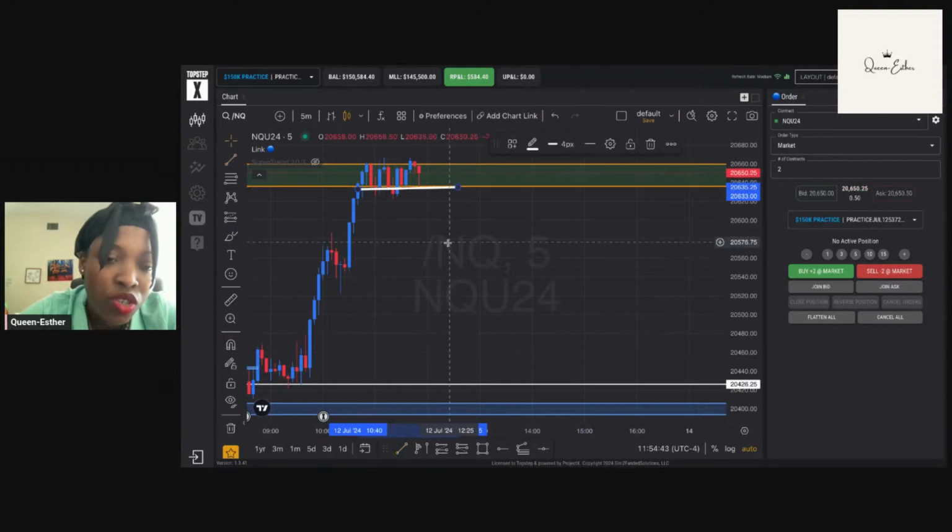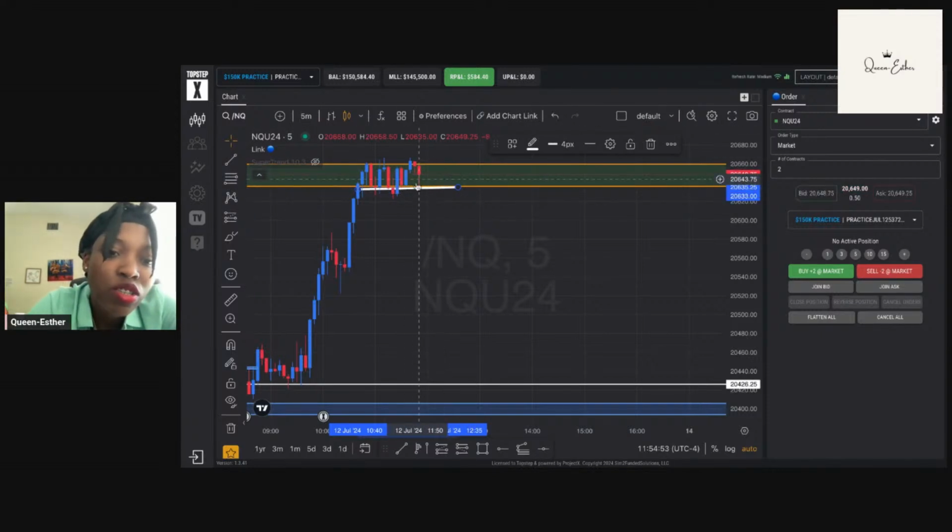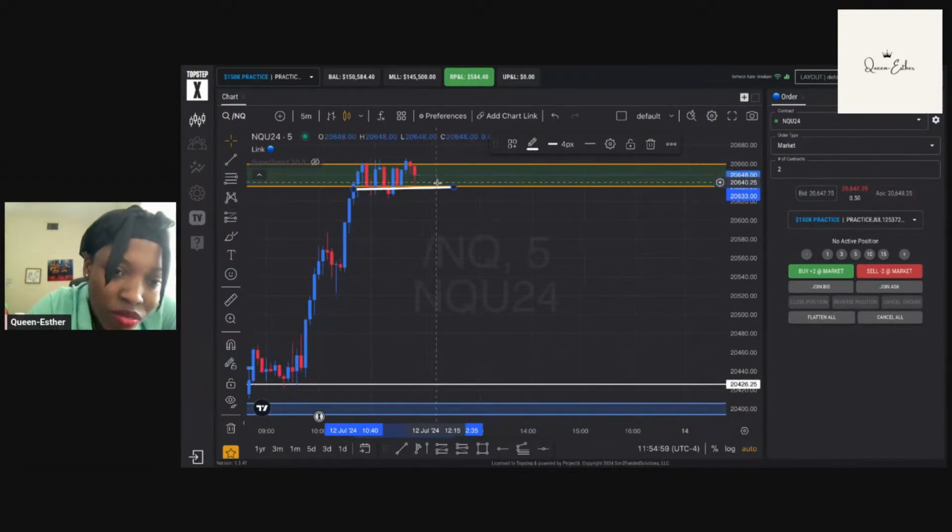So usually price can come to this section and tarry for a little bit or reverse. So when I'm taking a trade, I like to close my trade a little bit before the support area, just in case it doesn't go all the way down and I still get my money, right?